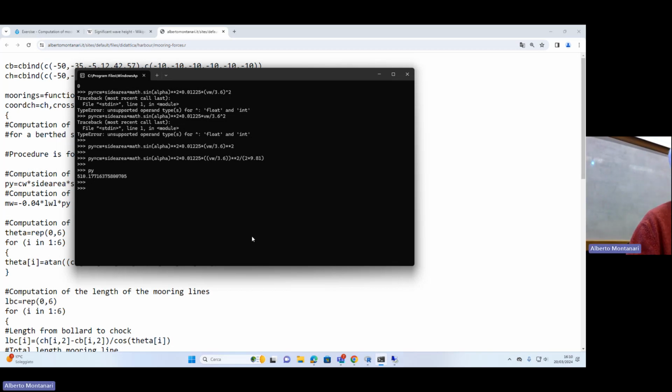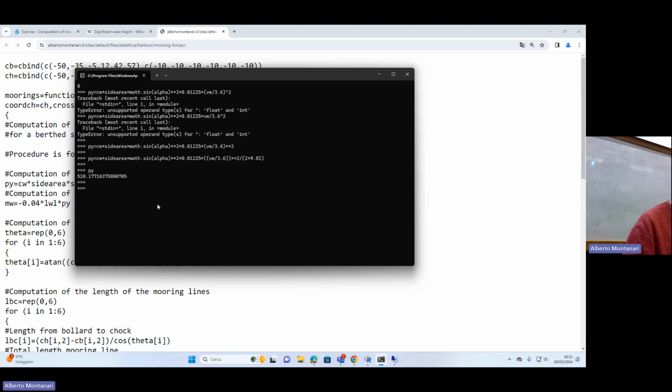So basically, what I told you before, if we close Python, we lose everything. So actually, it would have been better to copy these instructions over a text file, over a script, which can be executed very quickly. Like in R, you make source.